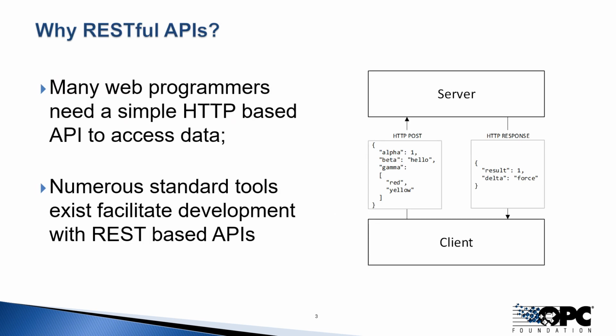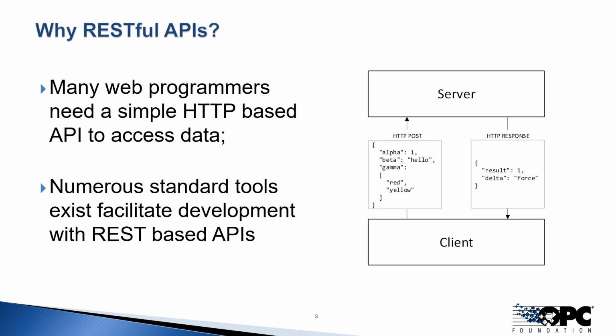So one of the questions that comes up is, well, why do we care about RESTful APIs for UA? As adoption of UA has started to take off, we've had a lot of IT programmers express interest in being able to get access to OPC UA data. And these web programmers are used to using simple HTTP-based APIs to access this data.